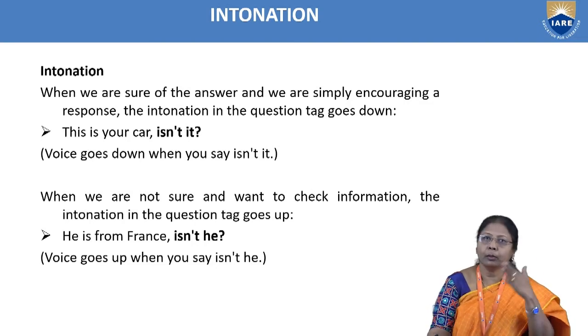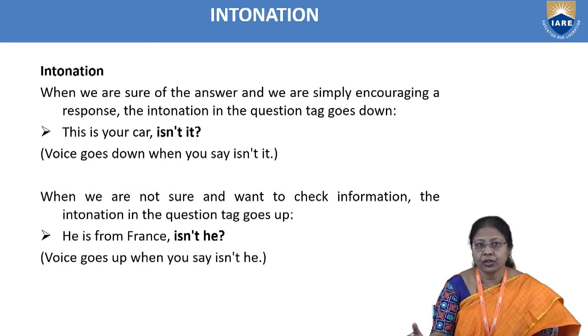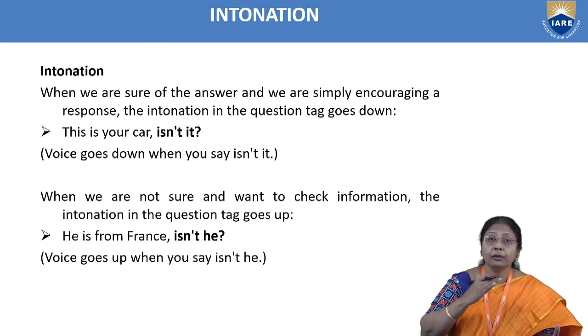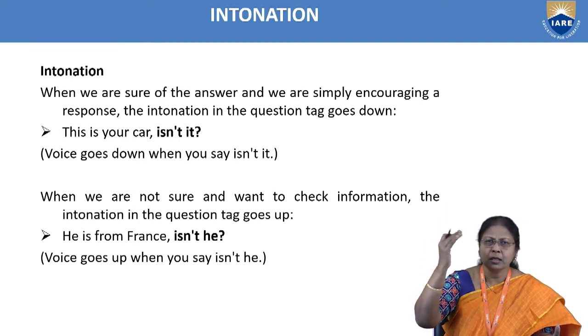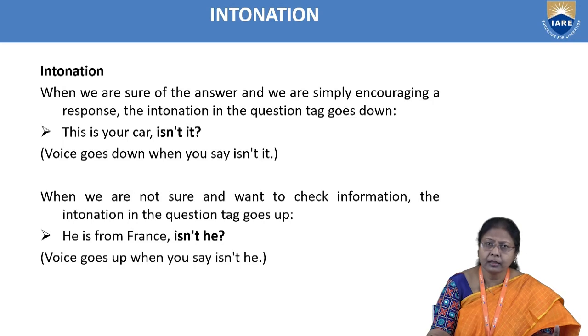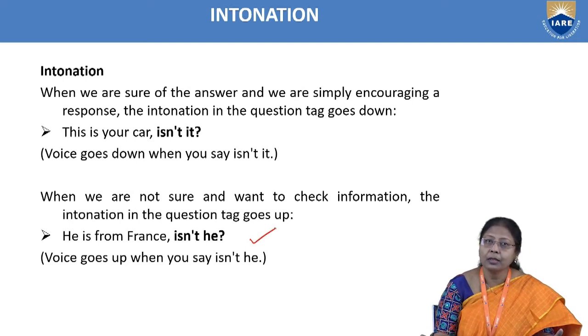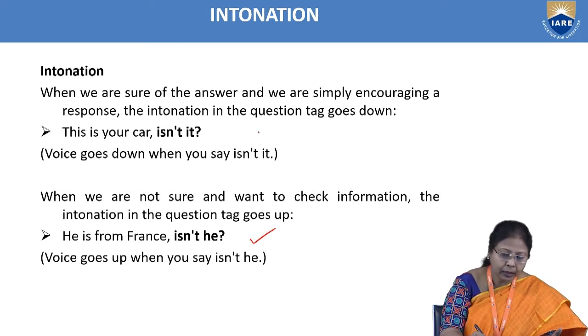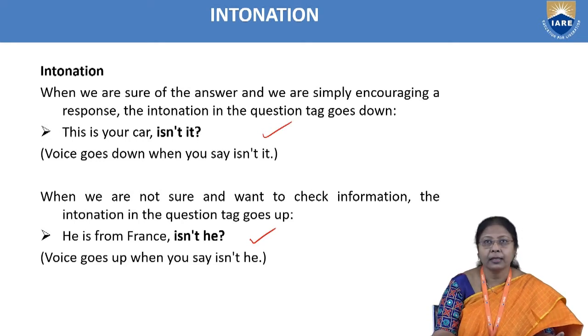When we are not sure about something, if we want to check some information, the intonation goes up. Is he from France, isn't he? Voice goes up. So in this way, intonation also plays a vital role in framing question tags.